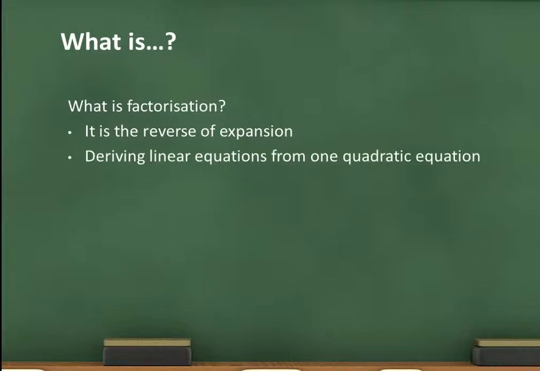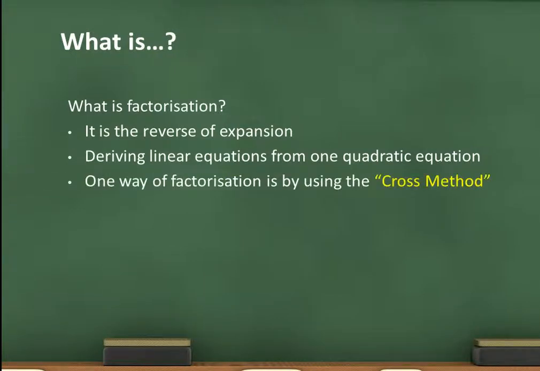Instead of expanding two linear equations into one quadratic equation like what we did in the previous video, for factorization we are deriving the linear equations from the quadratic equation. So it's sort of like the reverse of expansion. And one way of factorization is by using the cross method, which we'll be talking about in this video.